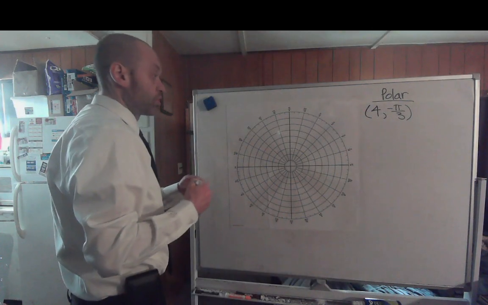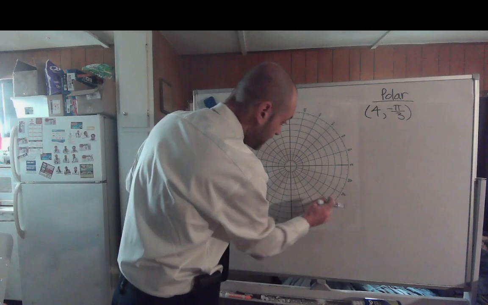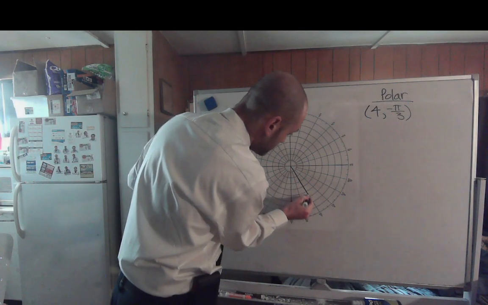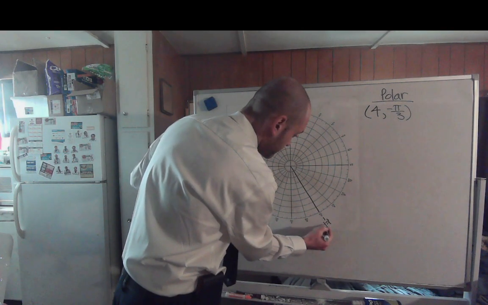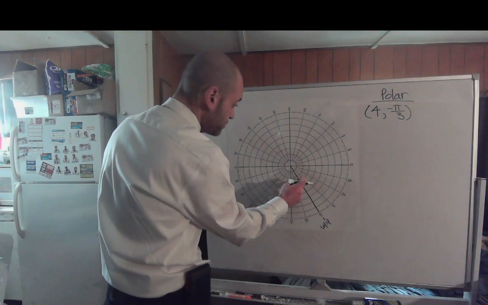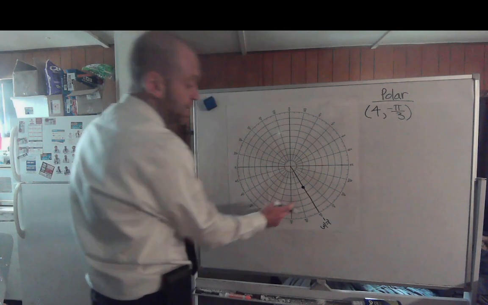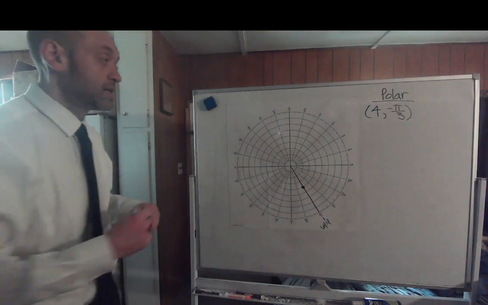That's our polar coordinate. So why don't we plot that? We know negative pi over 3 is going this way. So here is my negative pi over 3. That puts me in the 4th quadrant, doesn't it? So 1, 2, 3, 4. Here's my 4, negative pi over 3. I should end up in the 4th quadrant.